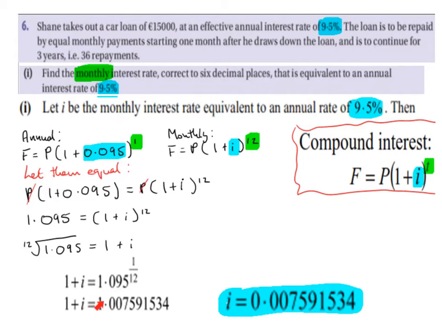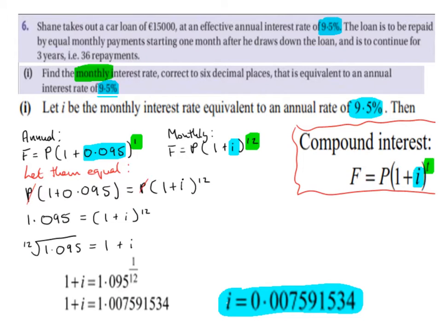1.0075915534. Then subtracting that 1 to solve for I, to get the I on its own, you end up with I equal to 0.0075915534.